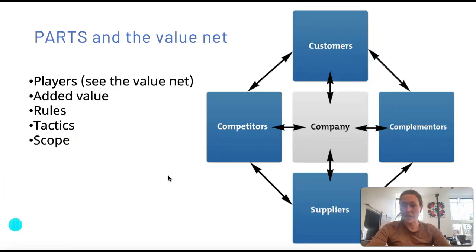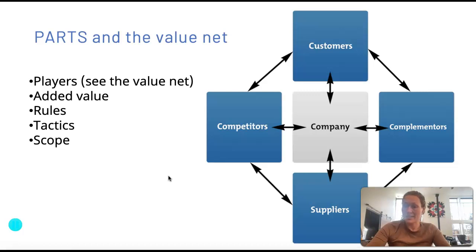So Brandenburger and Nalebuff left you with this very helpful acronym, PARTS: players, added value, rules, tactics, and scope. The article you read called The Right Game doesn't give you guidance on how to find that optimal strategy to improve your outcome in a specific game.